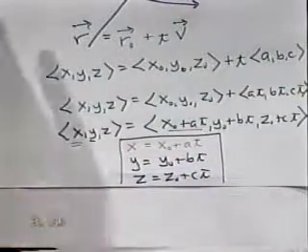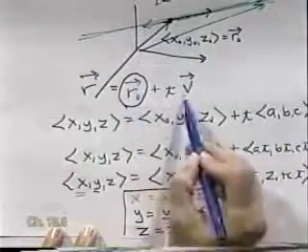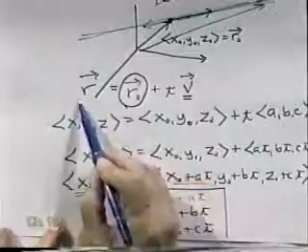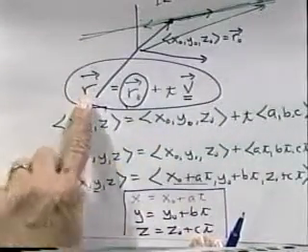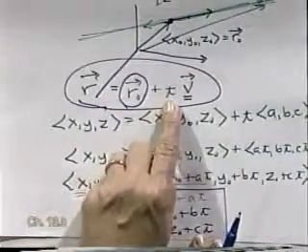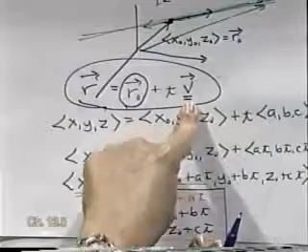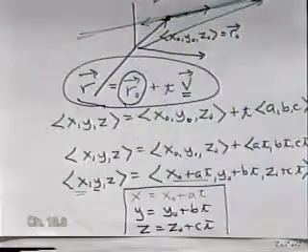Okay? But for the vector equation, if you give me a particular point and a vector in its direction, we will write our vector equation this way. Our general point r is equal to the particular point plus some multiple of the vector that's pointing us in that direction. And the way I think about it is, r naught tells me where to start, and then we're stretching and shrinking v to tell us in what direction to go.